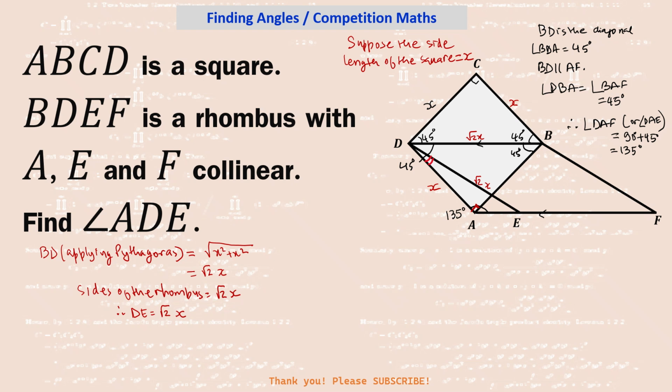So in triangle DAE, once again I will note down what we have. That is angle DAE equals 135 degrees, and DA equals x, and DE equals root 2 x.